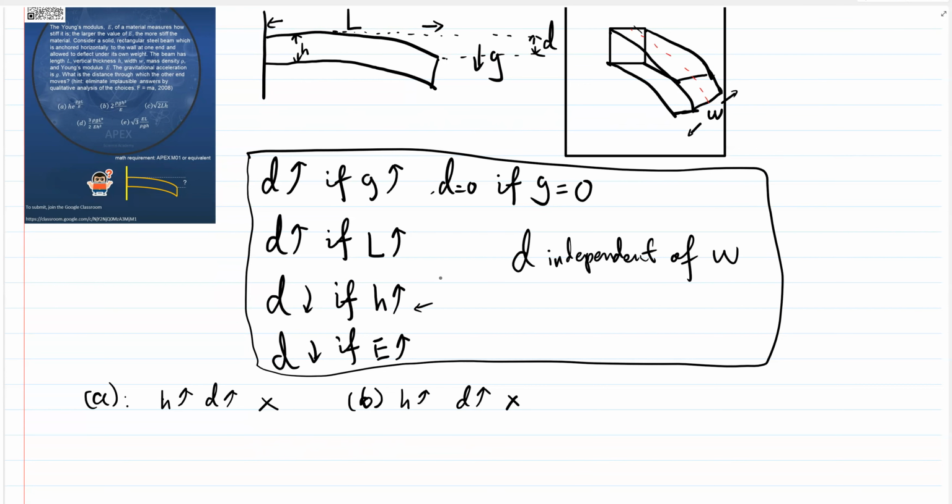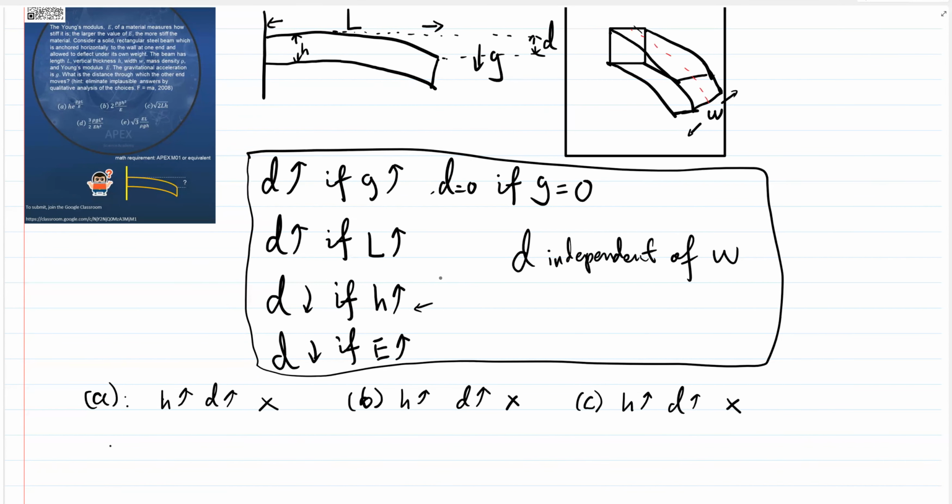Okay, and let's look at C. Well, C is independent of W. That's good, and it looks good for increasing L. It will give you an increasing deflection. However, the same issue tells you that when H increases, if you look at the C, that also leads to increasing D. So that's incorrect.